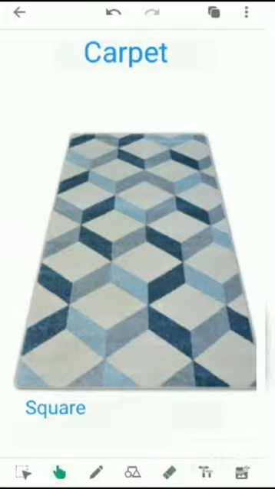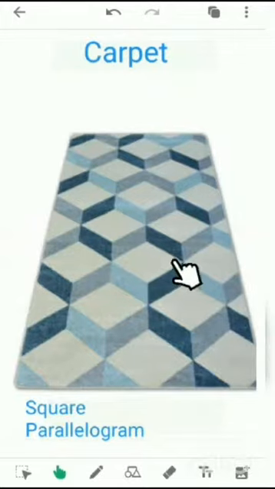Then what about this blue colored shape? What is the name of this blue colored shape? Good, a parallelogram. Now you are familiar with this shape, square, and this parallelogram.